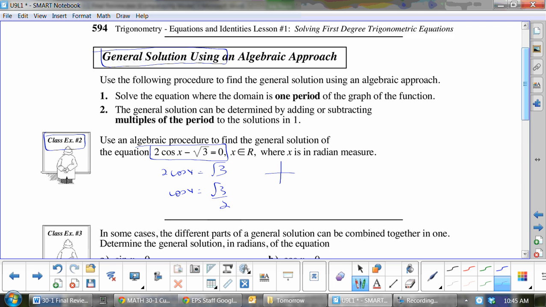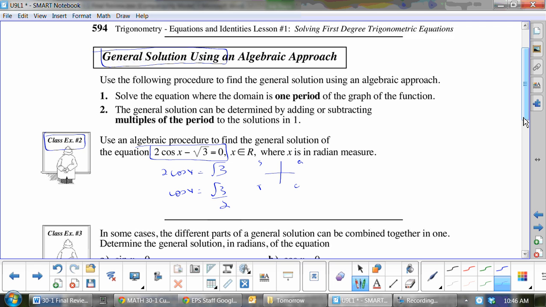Okay? Now I do want you guys to still be in the habit of putting CAST down. I've just finished marking your exams, and some people are forgetting their negative sign if sine is in the fourth quadrant. You should look back. Is that supposed to be negative there? Yeah, it is.